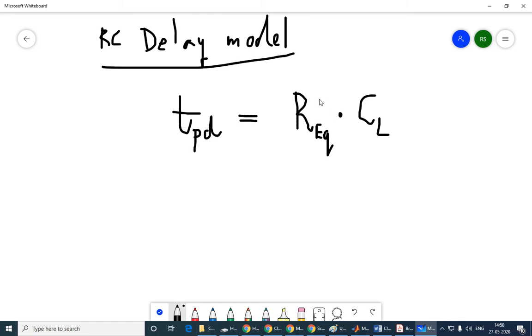We can do this for any circuit. First step is draw the equivalent circuit and find out the equivalent resistance, and from the same circuit find out the total load capacitance. The product of these two numbers is approximately going to be the propagation delay of your circuit. This is what the RC delay model tells us.